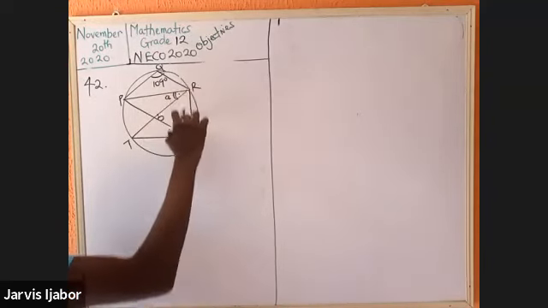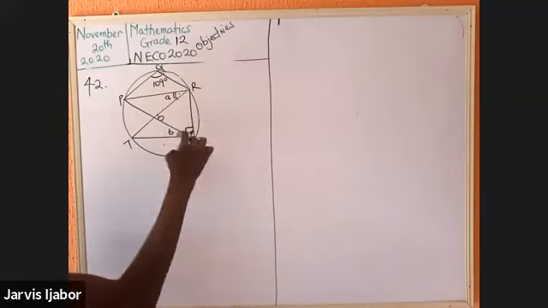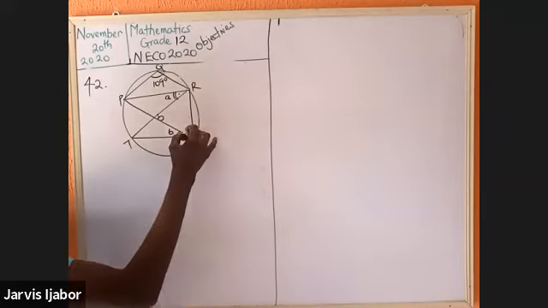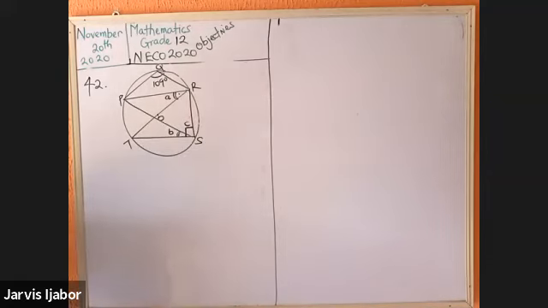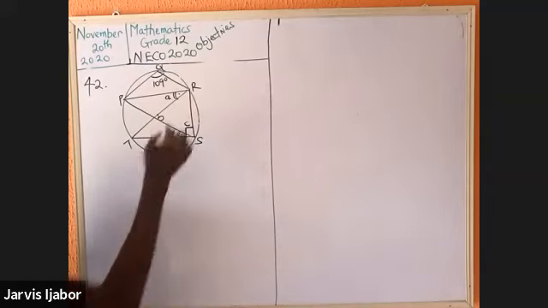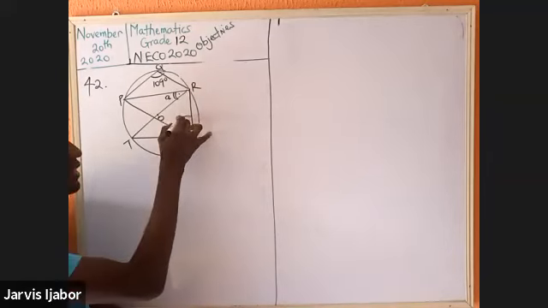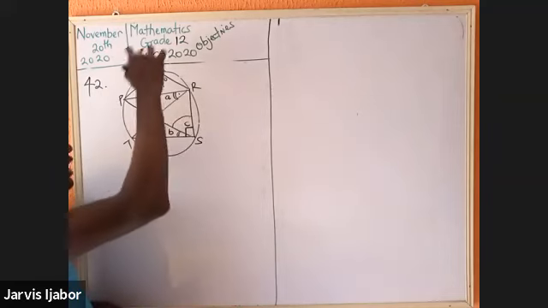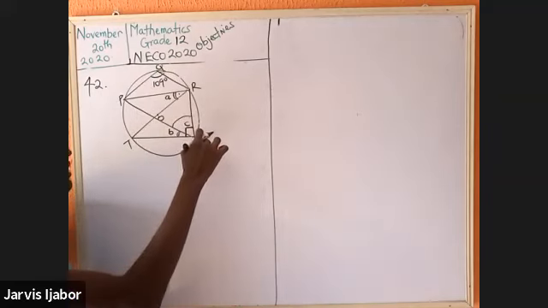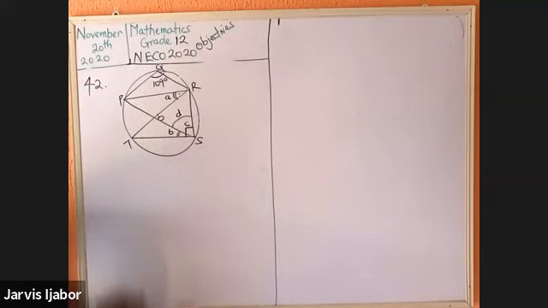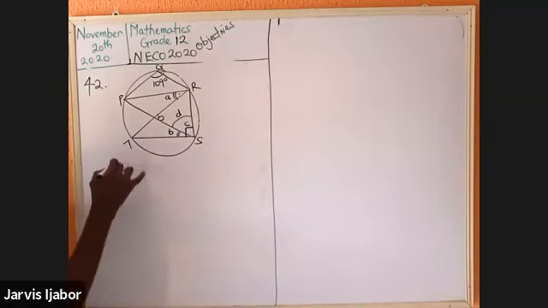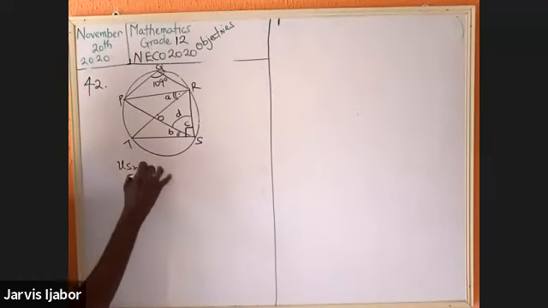If a diameter forms a triangle on the circle, this one will be 90 degrees. So let me call here C. Now, please watch carefully because this is where it gets a little tricky. Look at this angle here. PQRS is a cyclic quad. So let me call here D.